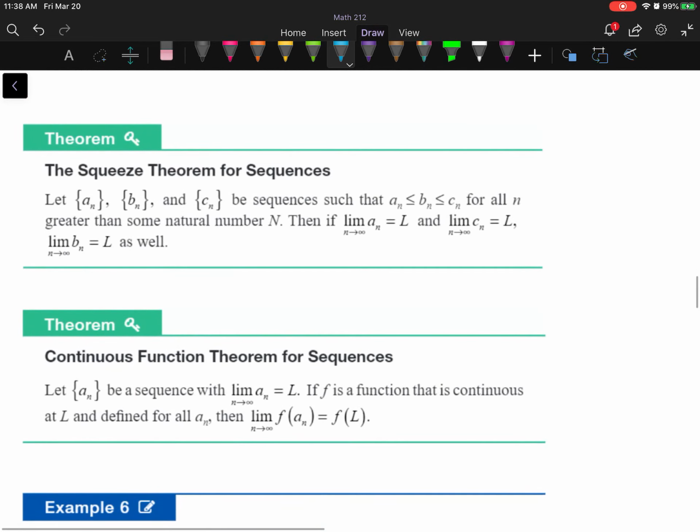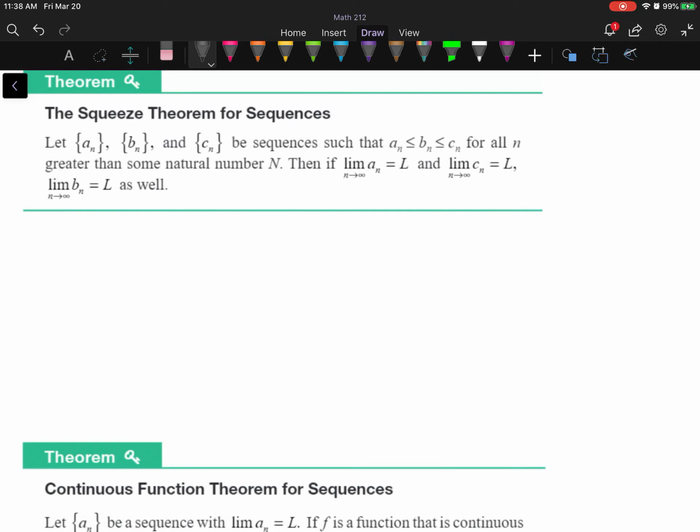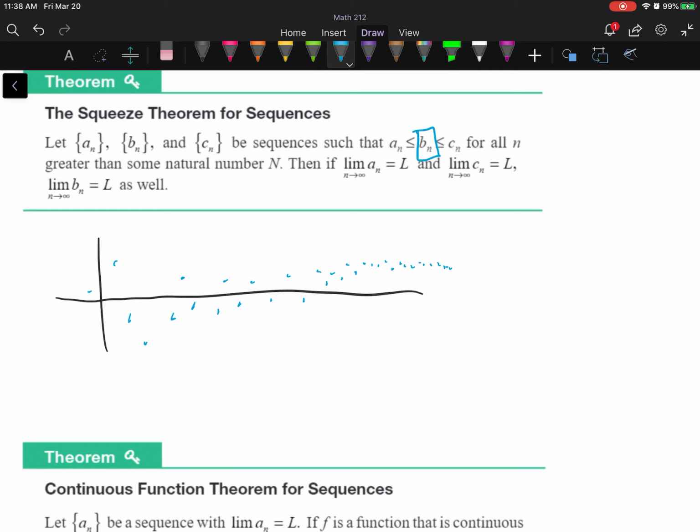The squeeze theorem is making a comeback here. And maybe I could do a little drawing for this one. We've got three sequences, an, bn, and cn. And we're going to make bn blue. bn is the sequence that behaves erratically, but over time seems like it might be approaching a limiting value L. So maybe L's out here.